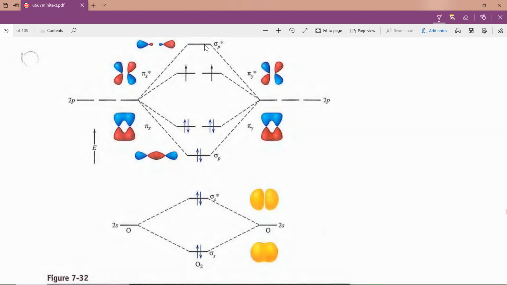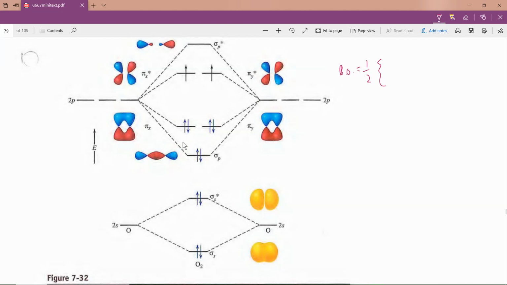You aren't filling up the sigma p star. So this is the order in which you fill up for oxygen. If I want to get the bond order, it's going to be 1/2, and again the core electrons cancel out, so I can just look at the bonding ones.